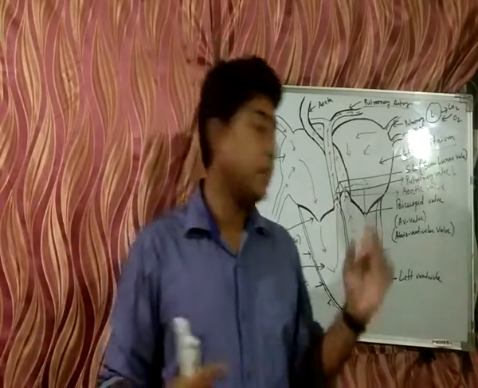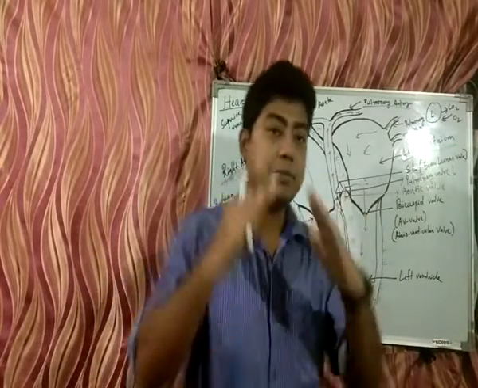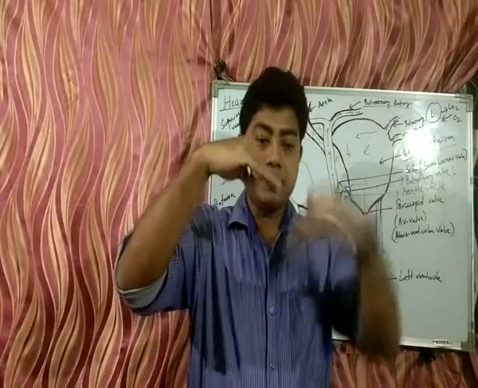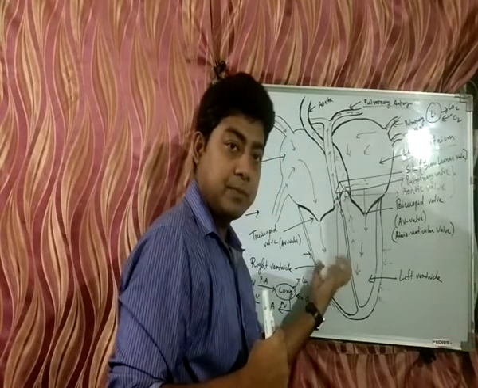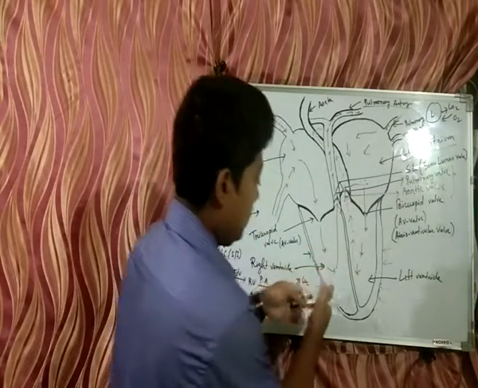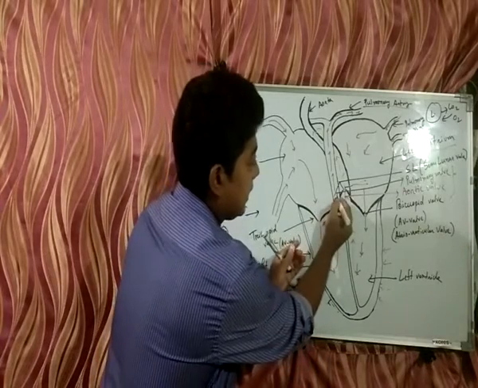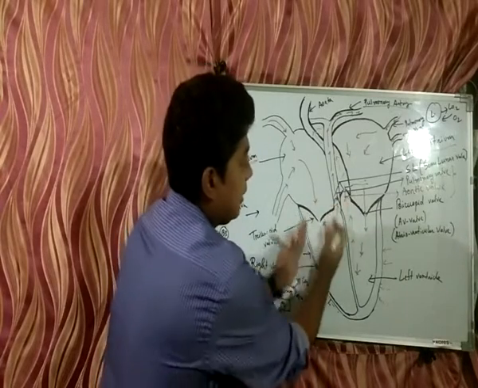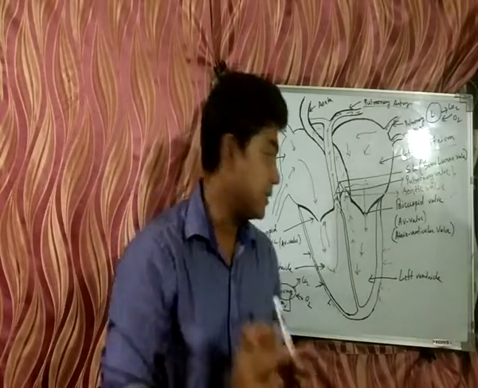If you see the position, this is completely opposite. This is in this direction and this SL valve is in this direction. When there is ventricular contraction, pressure is given from the lower side, it will close, and that one is in the opposite direction and that valve will open. How it is controlled we will discuss in the next class.